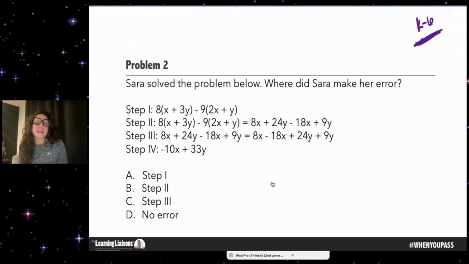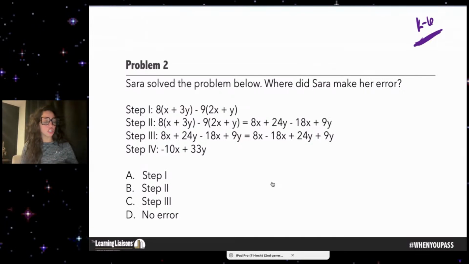However, it really could be for anybody, because error analysis is a super popular thing on these exams, especially if you're taking a non-content based exam and you're taking a teaching exam. This is definitely one of the strands or the standards that they assess you on.